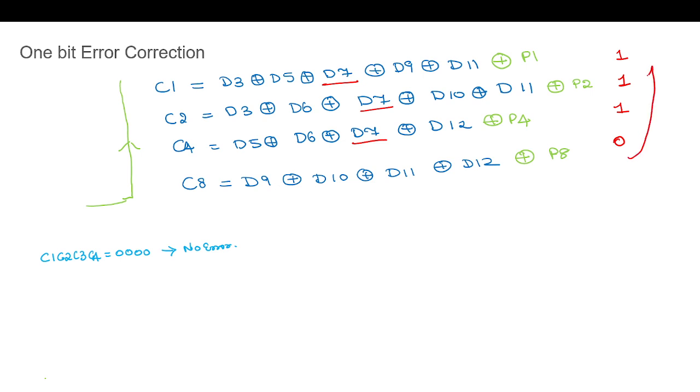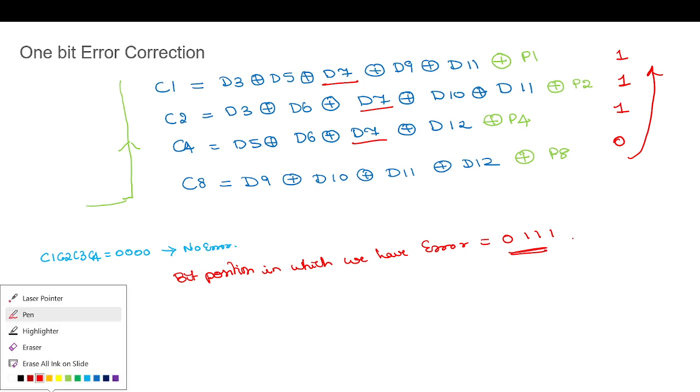So while writing, we will write like this. So the bit position in which the error is 0, 1, 1, 1. So at the seventh bit, there is error. So if we flip the bit, we can correct that bit position.